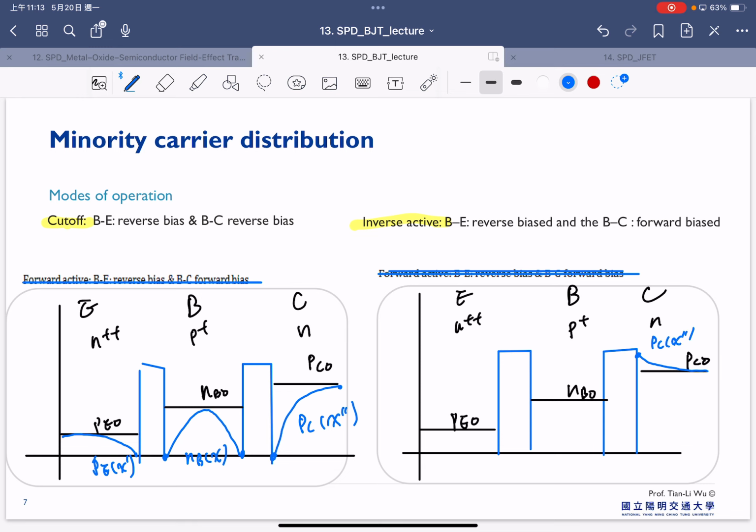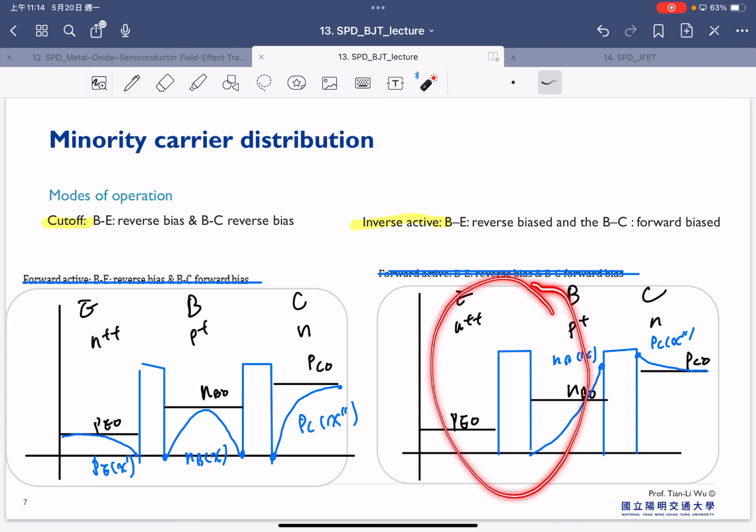And in this case, we're starting from here, but because the BE is reverse bias, it must be back to 0 at this point. And also this is reverse bias.